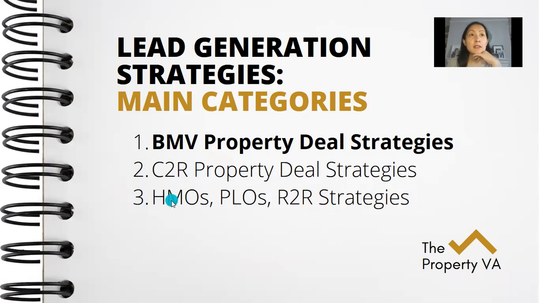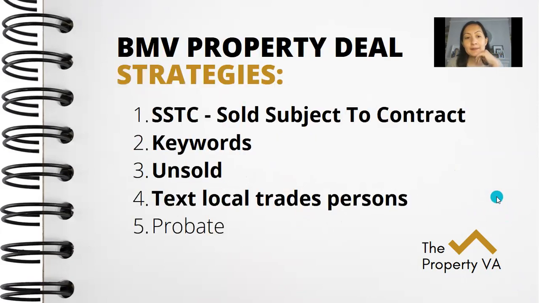We will tackle the HMOs, PLOs, rent-to-rent, I'm going to project sometime end of July, or it could be 1st of August. Well, we'll cross the bridge when we get there to learn about these strategies.